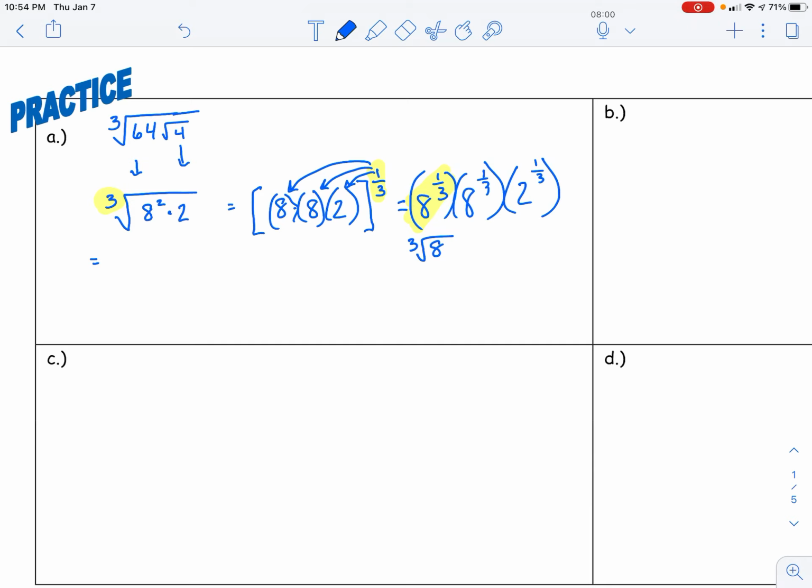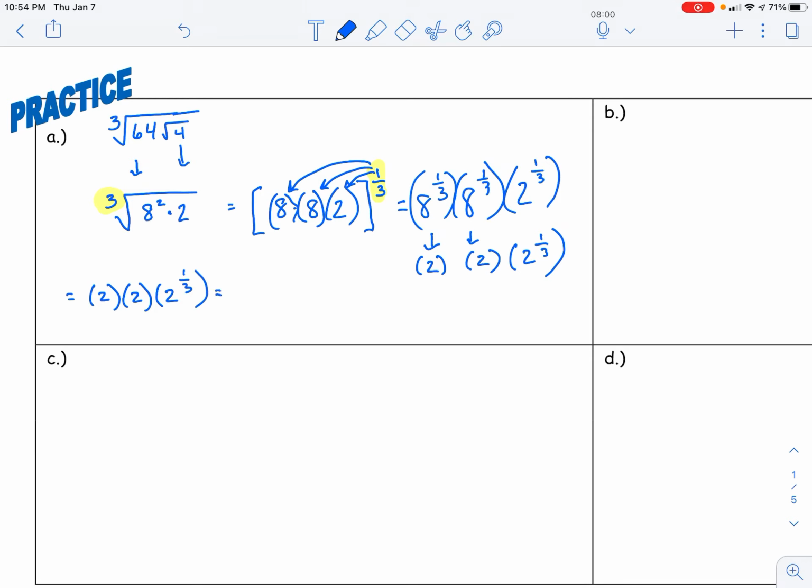The cube root of 8 is actually 2. So I'm going to actually write that right down here. This is 2. This is 2. And I have 2 to the 1/3. Okay? I wanted you to see that. So I'm going to come over here and write that again because I want to be able to put it where you can see it. So 2, where I can keep going.